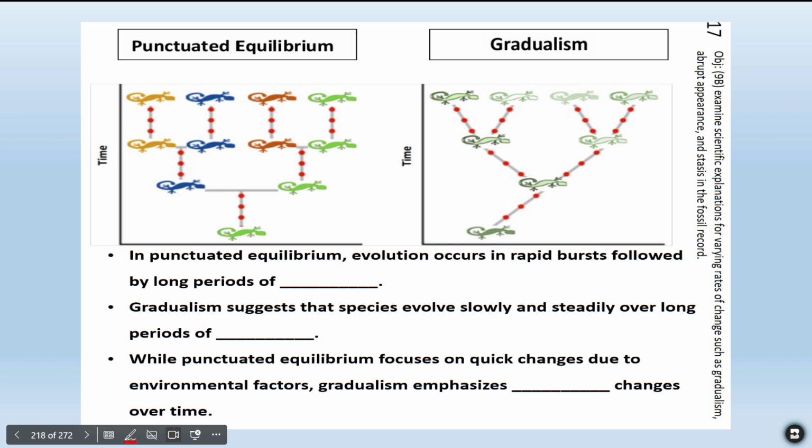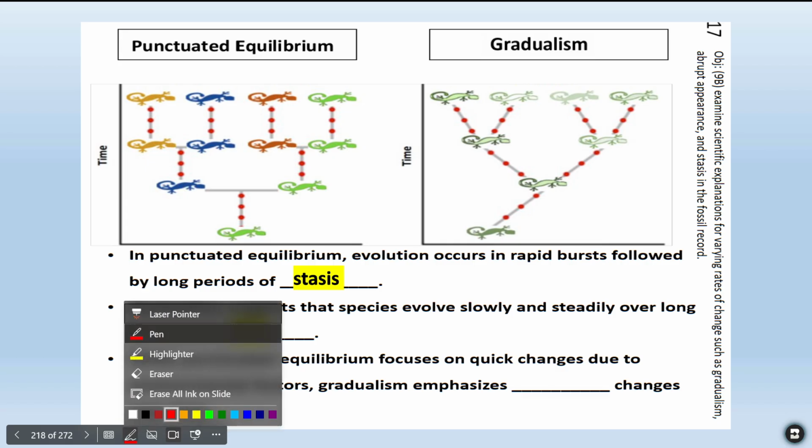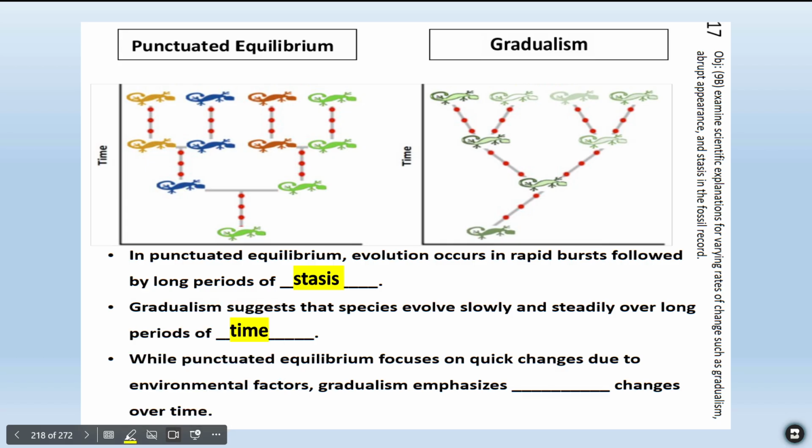Now let's finish off our notes for today on page 17. In punctuated equilibrium, evolution occurs in rapid bursts followed by long periods of stasis. Gradualism suggests that species evolve slowly and steadily over long periods of time. This one we're going to highlight evolve slowly and steadily.